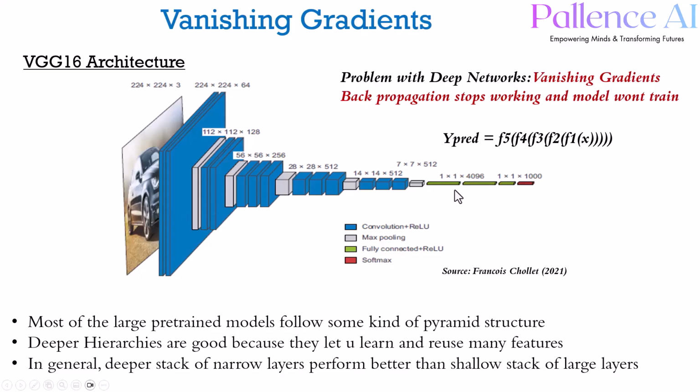Each layer in this network introduces some noise. As you stack many layers on top of each other, the noise from each layer aggregates and overwhelms the gradient information, with the result that backpropagation simply stops working and the model won't train. So that is the problem with vanishing gradients. When you have deep neural networks, you have vanishing gradients.